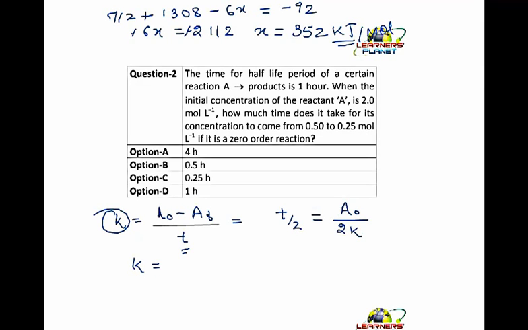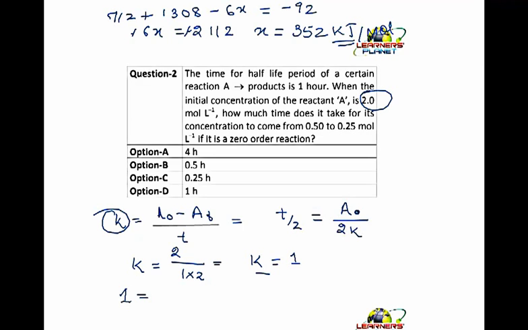Now we can find out K from here. The initial concentration given is 2, divided by T half, which is 1, into 2. So K comes out to be 1, right?